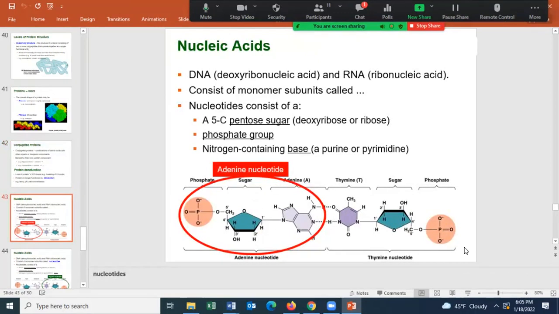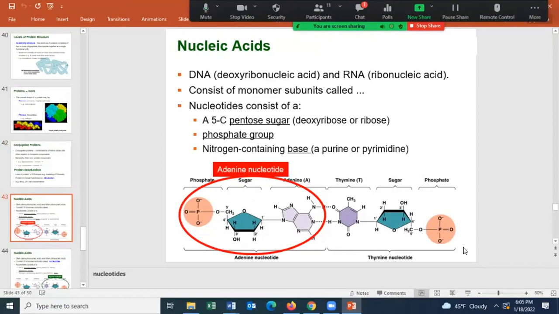All right, let's talk about our last of the biological molecules, and that is nucleic acids. Nucleic acids, there are two: DNA, or deoxyribonucleic acid, and the second being RNA, or ribonucleic acid.